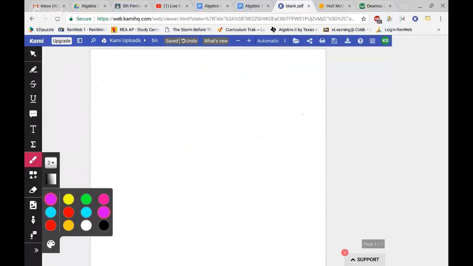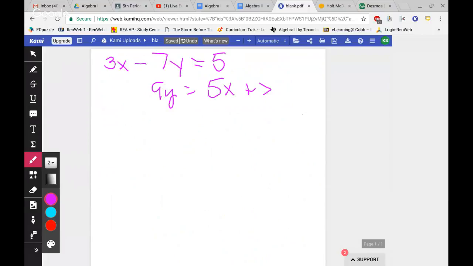Okay, the last guided practice problem is 3x minus 7y equals 5, and 9y equals 5x plus 5. So the first thing I notice here is that they're not both in standard form.